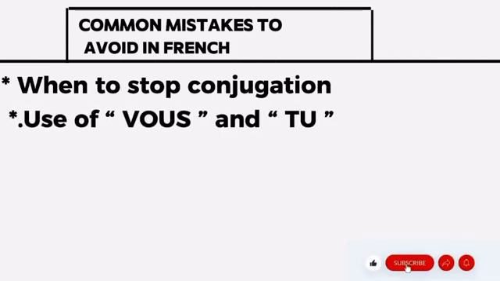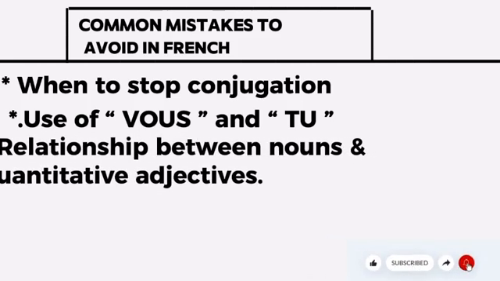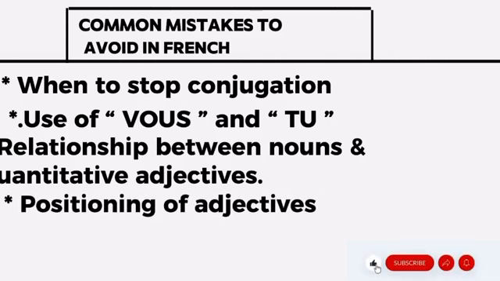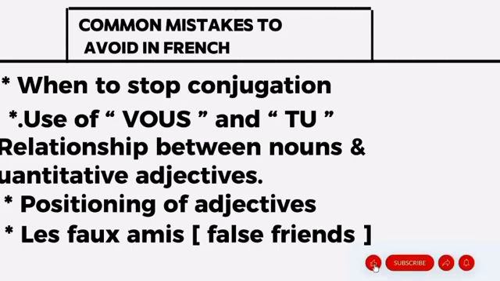The use of vous and tu. 8. The relationship between nouns and quantitative adjectives. 9. Positioning of adjectives in a sentence. And then 10. Faux amis, which is false friends. Alright, at this juncture, let's take a look at the various mistakes one after the other.